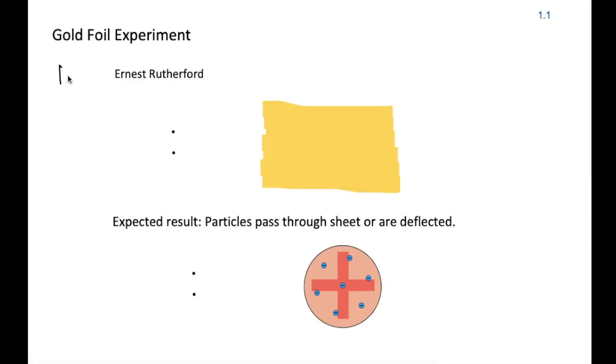In 1909, a man called Ernest Rutherford, who was another physicist, carried out an experiment with two of his students known as the gold foil experiment. Essentially what happened was these positively charged particles known as alpha particles were fired at a very thin sheet of gold foil.